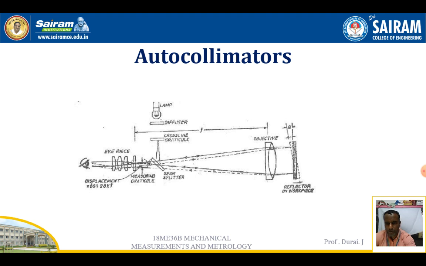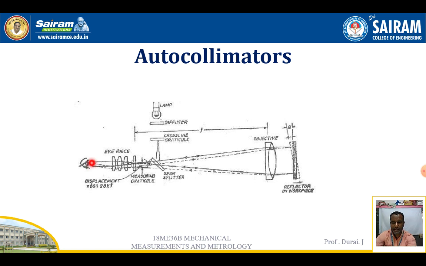So this is the autocollimator, and we are watching from the user's side. The lamp sends the beams over here, and whatever is sent goes and falls on the component, is reflected, and comes back. The reflector has to be placed on the workpiece. This is the sending image, so that it is received back from the workpiece.